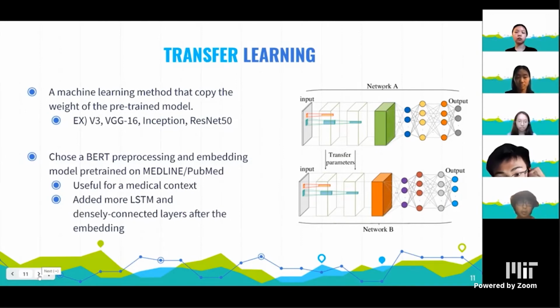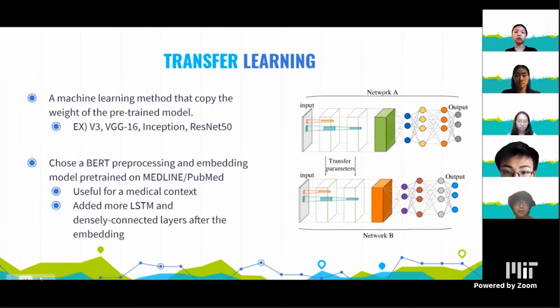So we chose a BERT preprocessing and embedding model pre-trained on PubMed articles. This would have it be more familiar with the medical context and be able to classify words that are more obscure or pertain to more medical ideas. And this would be added on to the LSTM layers that we discussed and some more densely connected layers before returning the final result.